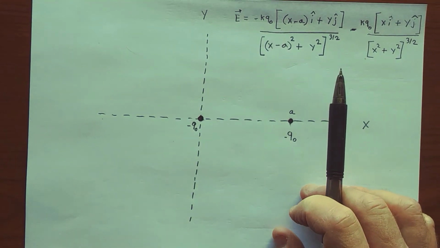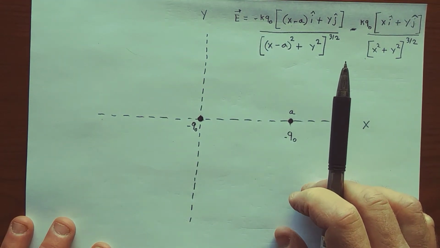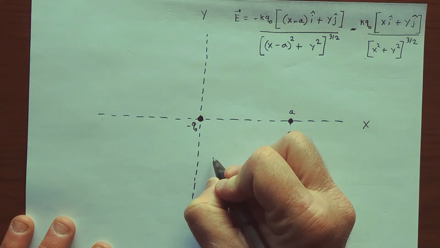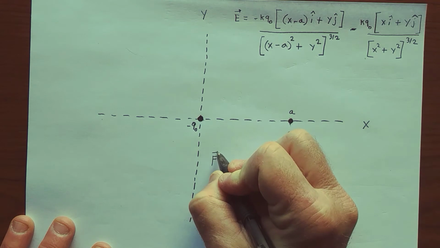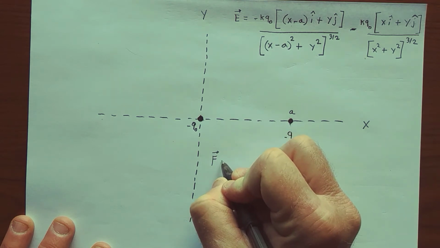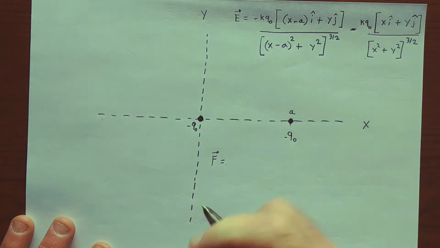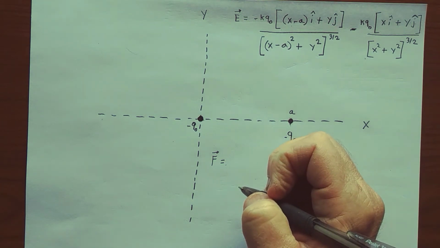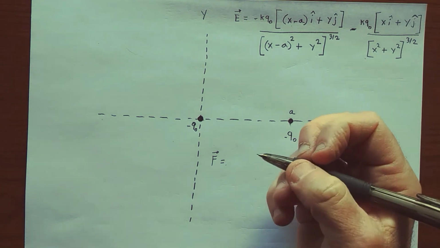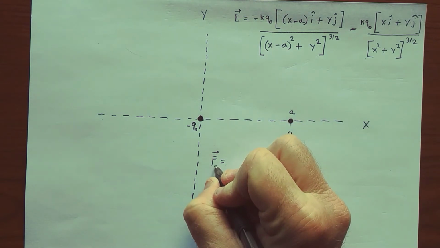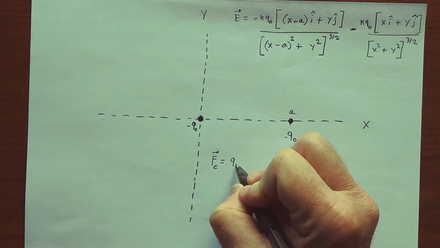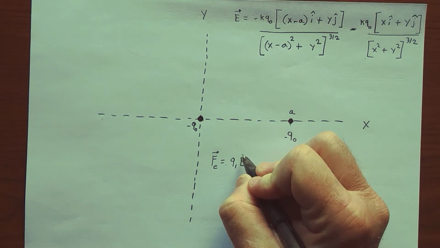Okay, so I could choose to place the third particle anywhere I want and get an expression for the force. So let's say we have a positively charged particle of charge Q1. And so we go from electric field to electric force, and we just have to multiply Q1 times the electric field that it's in.